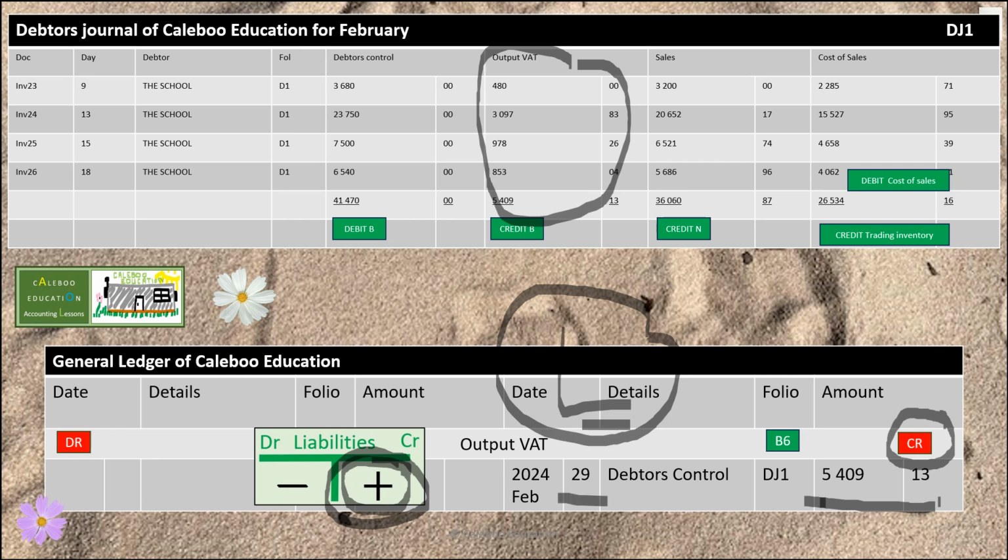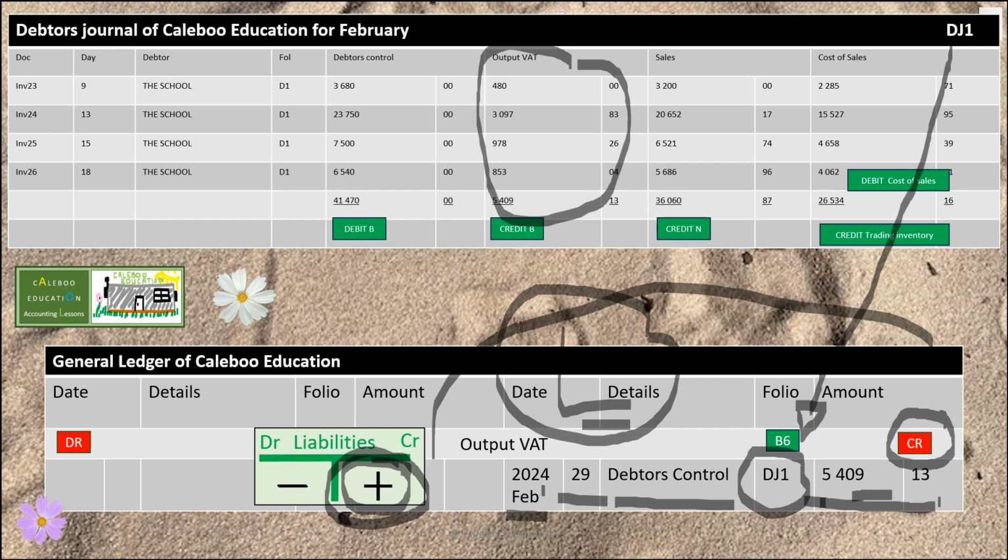The date is the last day of the month, 2024 February. The contra account to output VAT is debtors control. Where did I get the information from? Debtors journal number 1, and there's the amount.